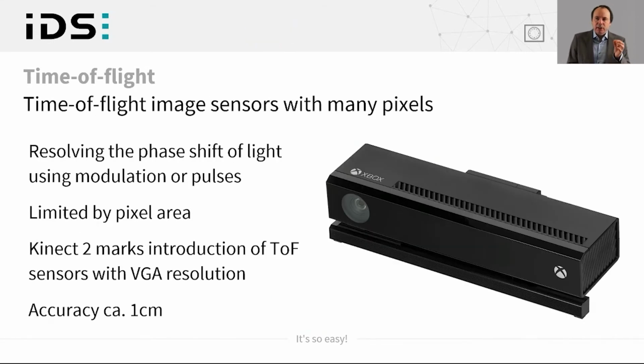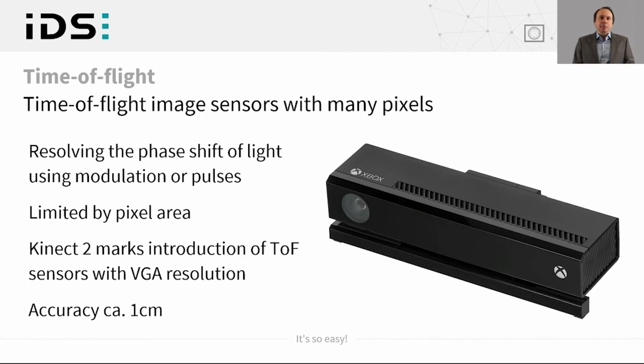So looking at scanning time of flight is one thing. Of course, it was always interesting to look at imaging using time of flight. This became possible also in the 2010s. Here I show another Kinect, the Kinect second generation, because this is one of the first devices including a large sensor that is using time of flight as measurement technique.